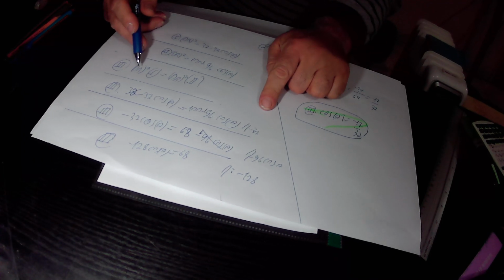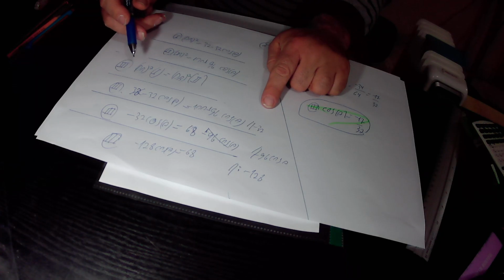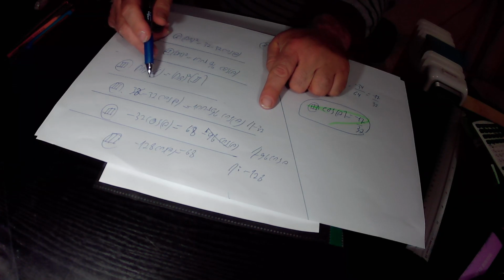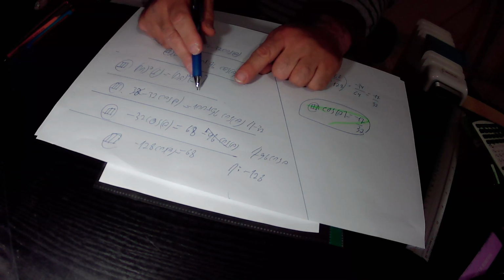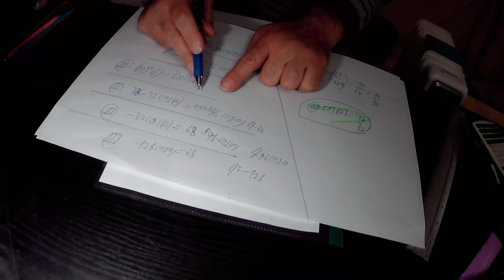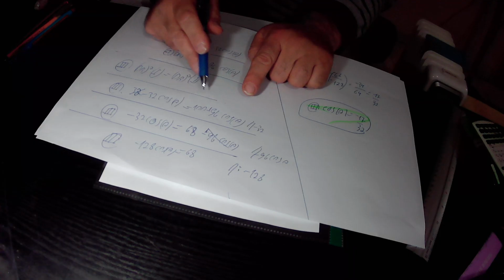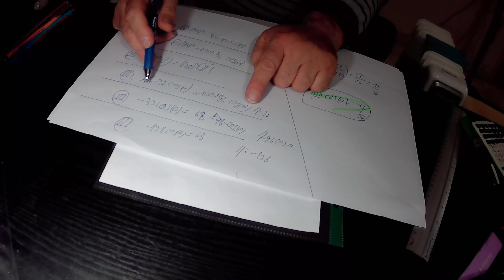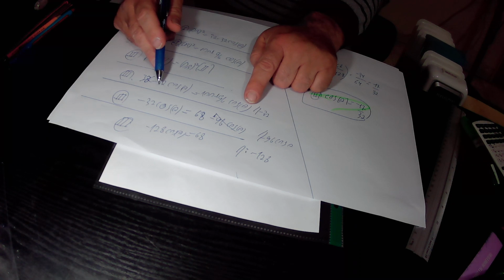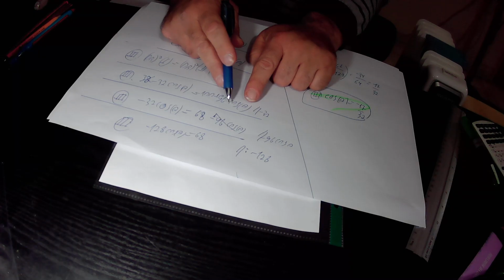Here we subtract 32 from the equation, so the 32 gets cancelled, and we are left with only minus 32 times cosine theta on this side, while on the other side we have 100 minus 32, which is 68, plus 96 times cosine theta. So minus 32 times cosine theta equals 68 plus 96 times cosine theta.